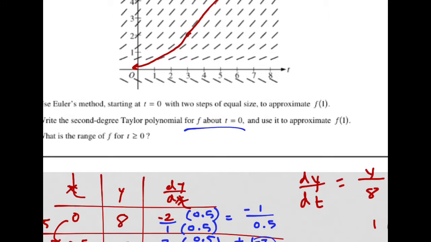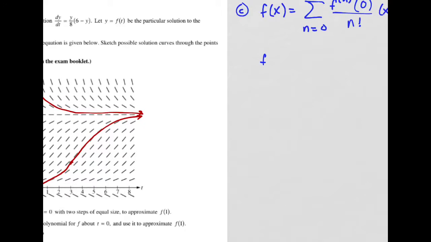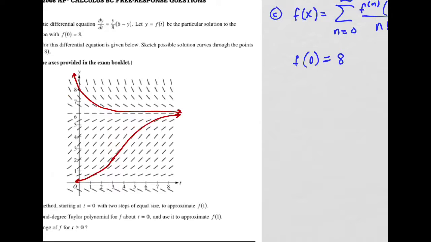Centered about t equals 0. Yes. Okay, great. So we're plugging in 0 to the derivative, over n factorial, times x minus 0 to the n. So we're using that formula. The 0th derivative is just f of 0, and that's 8, given right there.